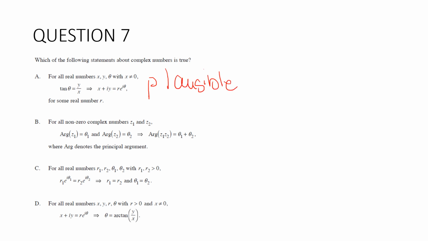B, for all non-zero complex numbers z1 and z2, arg z1 is equal to theta 1 and arg z2 is equal to theta 2 implies that arg z1 z2 is equal to theta 1 plus theta 2, where arg denotes the principal argument. This one's actually false. And it's because we could have, say, theta 1 is equal to pi on 2 and theta 2 is equal to 2 pi on 3.